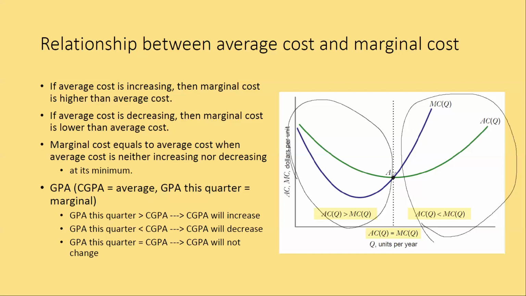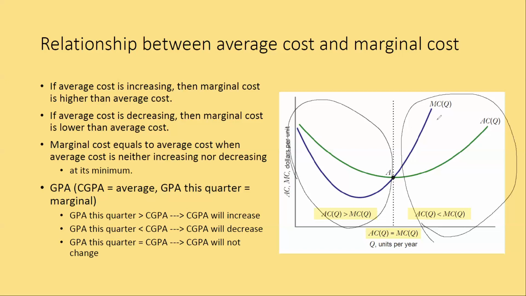So we can think of this using your GPA as an example. Think of your cumulative GPA as your average GPA, and your GPA this quarter as your marginal GPA, all right? So the GPA you get this quarter is like the additional you get, and your cumulative GPA is the average of your past. If your GPA this quarter is higher than your cumulative GPA, this means that your cumulative GPA will increase after this quarter, right?